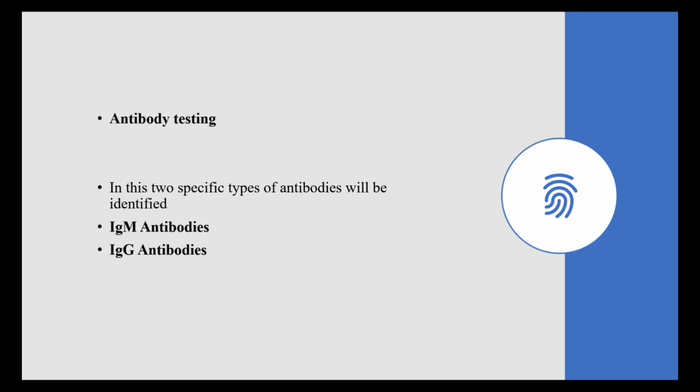So first we will see the antibody testing. Antibody testing is nothing but identifying the proteins in the bloodstream. To understand the serology testing, first we need to know how our body immunity works.